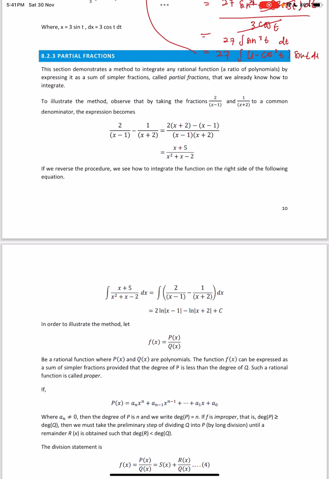And to illustrate this method, observe that by taking the fractions 2 divided by x minus 1 and 1 over x plus 2 to a common denominator, the expression becomes something like this.